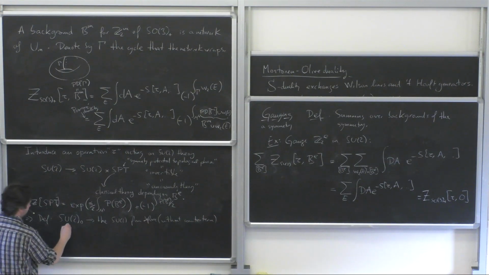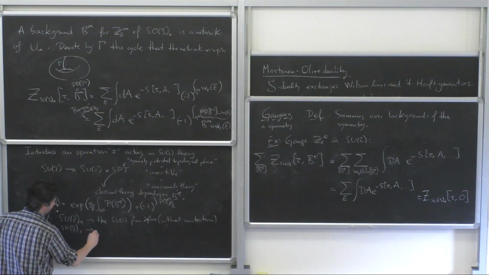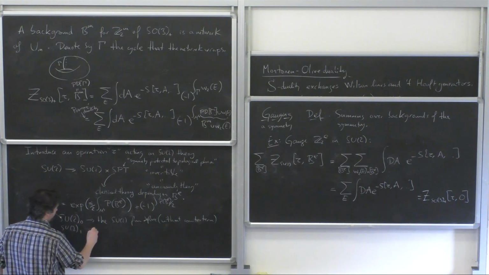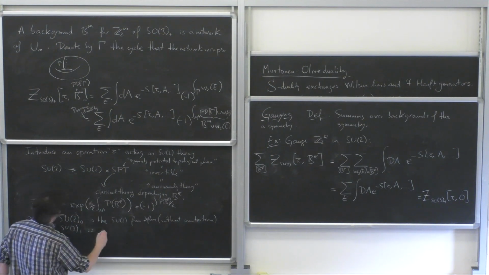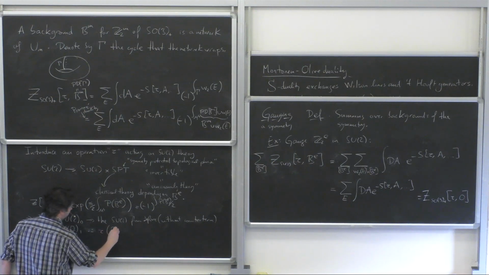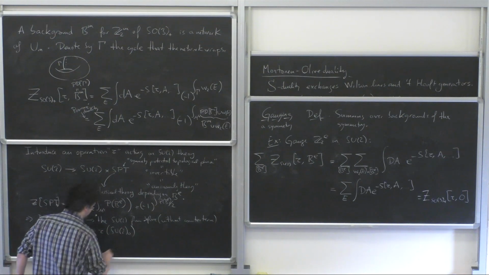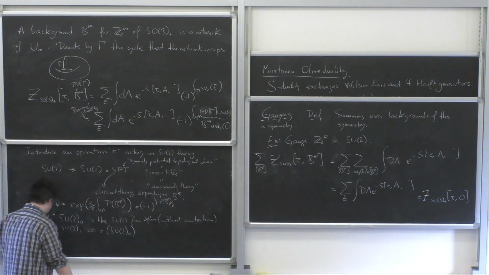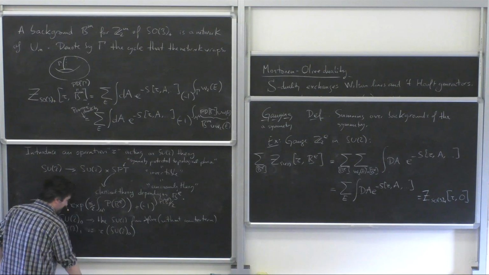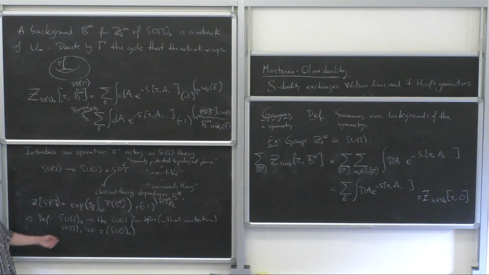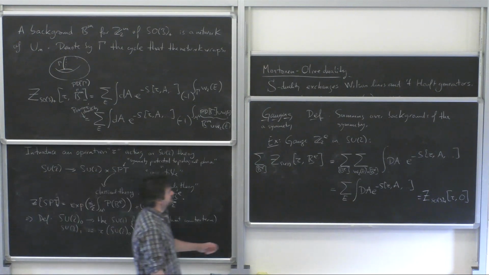And SU2 1, I define to be putting this counter term, so tau on SU2 0. Okay. If you're in a spin manifold, if you act with tau twice, you get the identity. I'm not going to prove that.